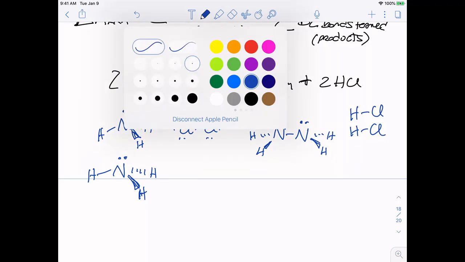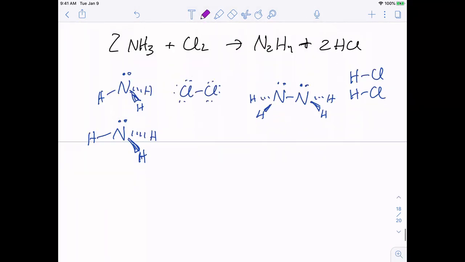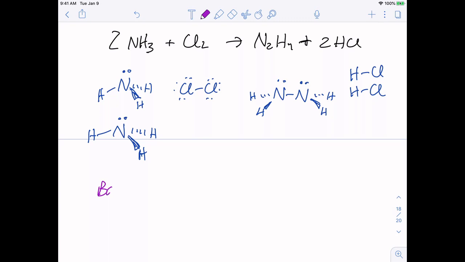So what we're going to do is make a list of bonds that we're breaking, and then a list of bonds that we're forming, and then once we have that list, I'll give you the numbers. So bonds that are breaking are the things that I have on my reactant side that I don't have on my product side.